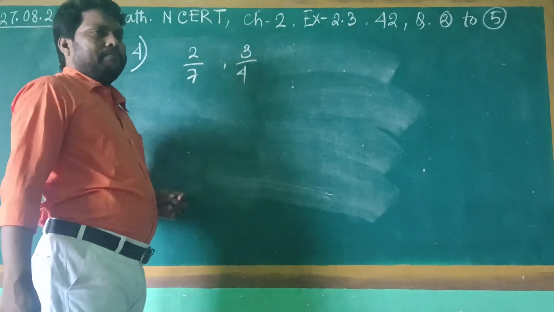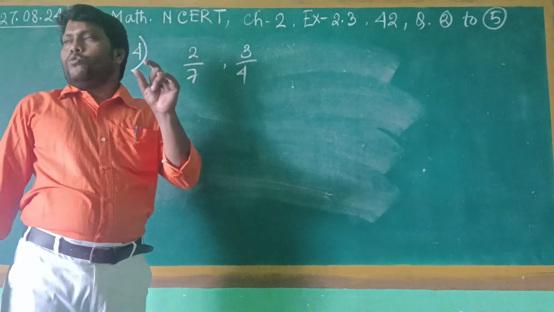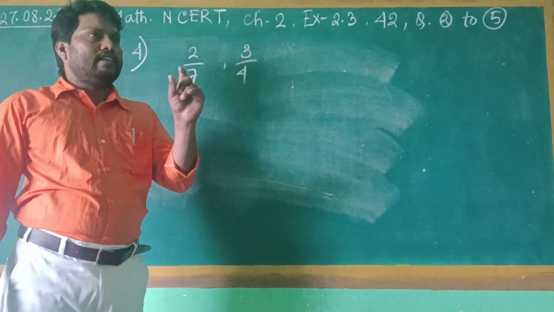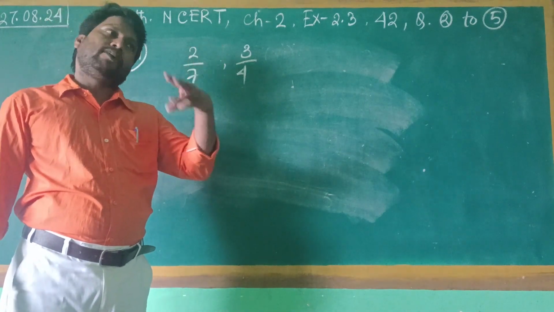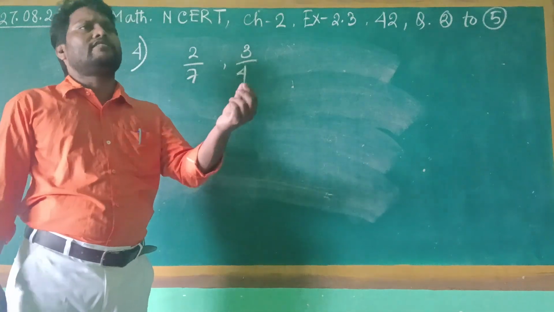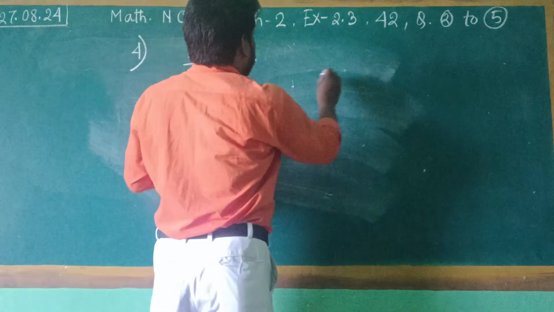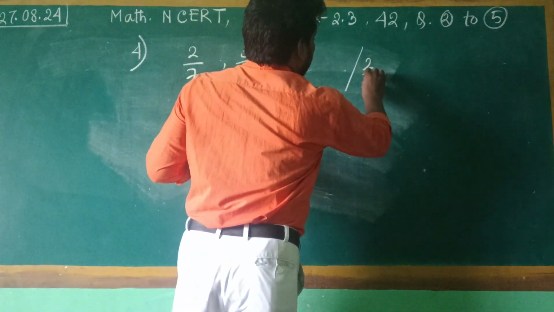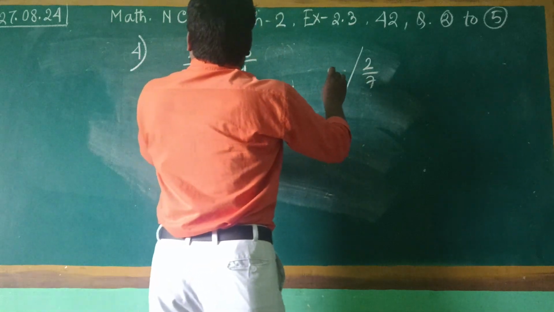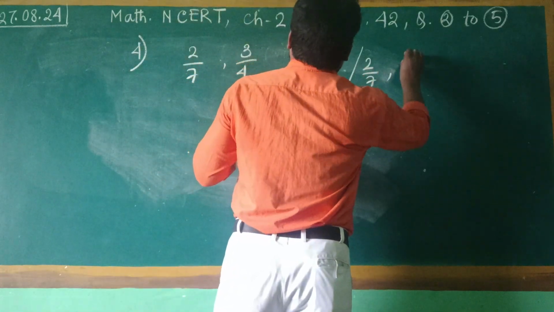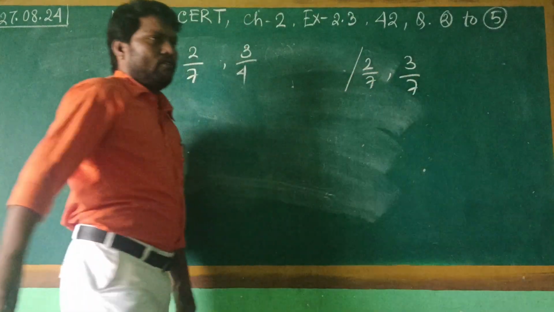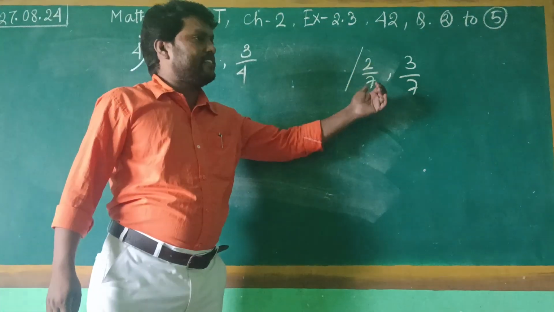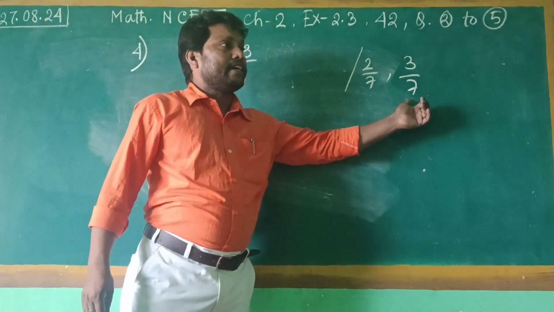In general, when we see two like fractions, then you can identify which is greater and which is smaller. Suppose I give another example: 2 by 7 and 3 by 7. You can obviously understand 2 by 7 is smaller, 3 by 7 is greater.